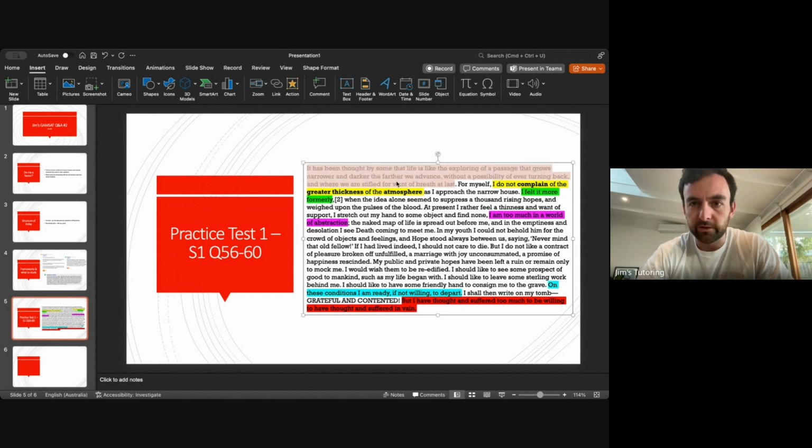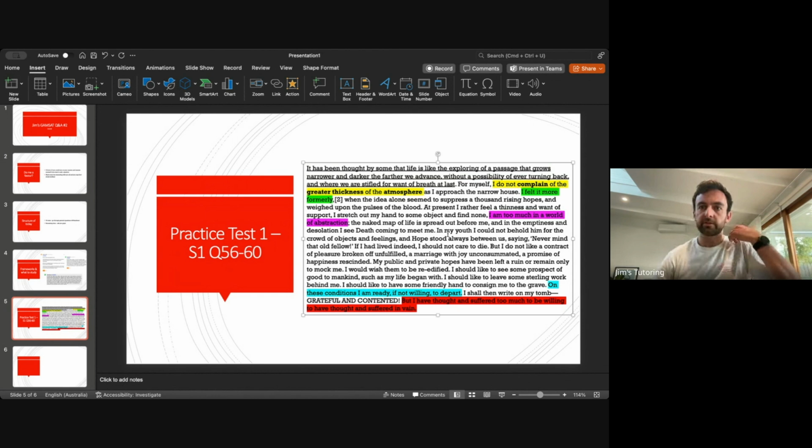Well, just the first sentence, okay? The first sentence is talking about life like a passage, and it grows narrower and darker. And then it says something, stifled for want of breath at last. So I've associated want of breath with greater thickness of the atmosphere. That ties in quite well.